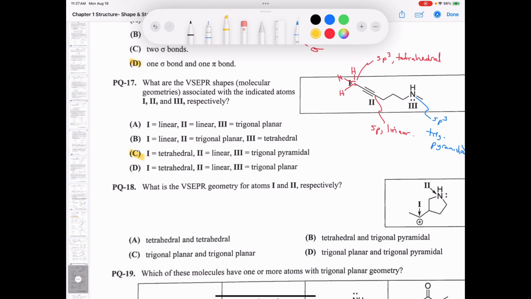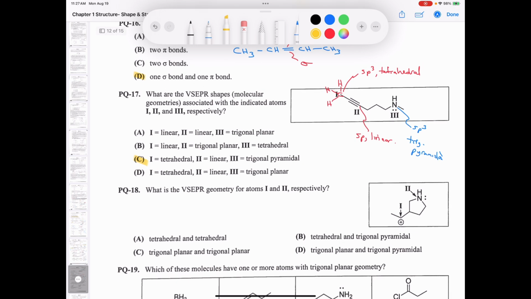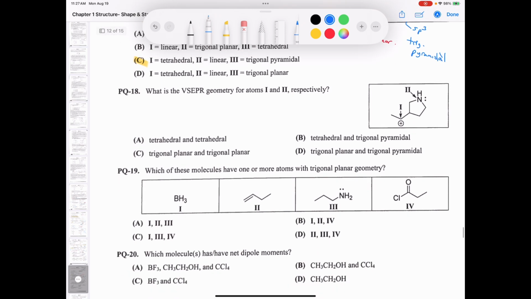So make sure you're aware of your molecular geometries. Number 18, what is the valence shell electron pair repulsion geometry for atoms 1 and 2? Well, the first one is a carbocation.